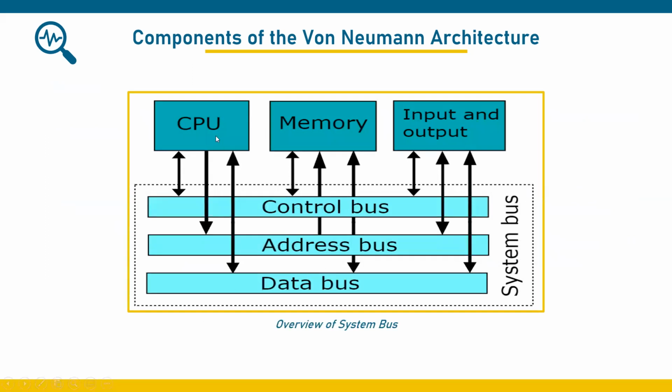Okay, you can see the overview of system buses: CPU, memory, input and output devices, then three types of buses: control buses, address buses, and data buses. Then these arrows show how data is transferred. Okay, that's all about the buses.